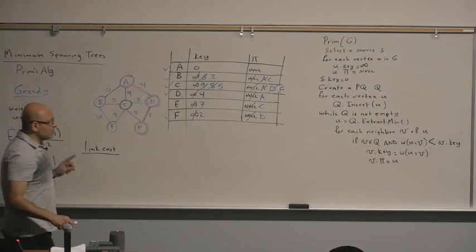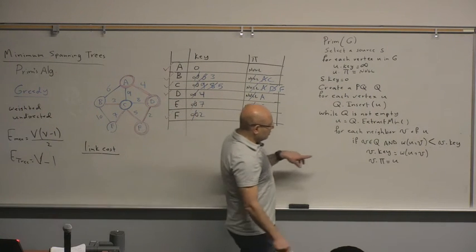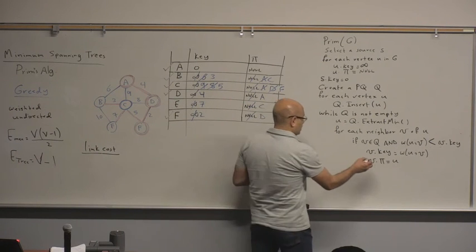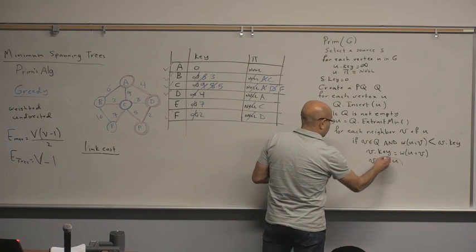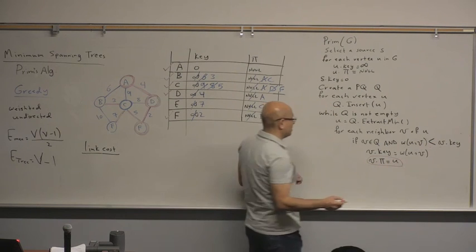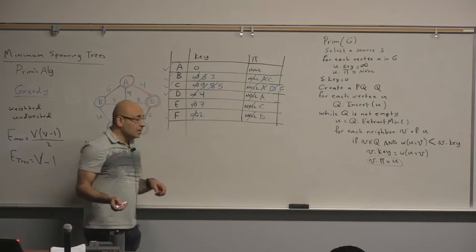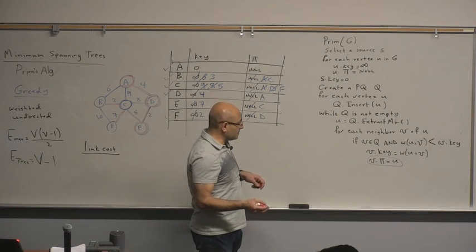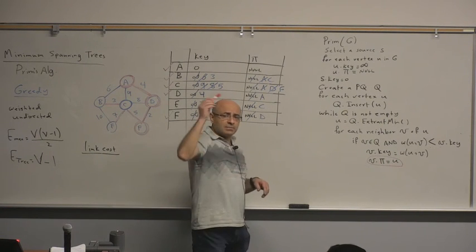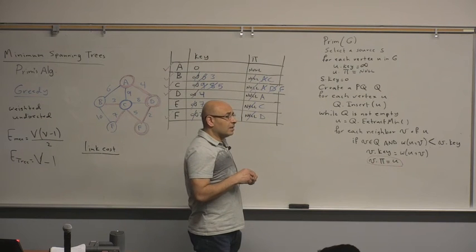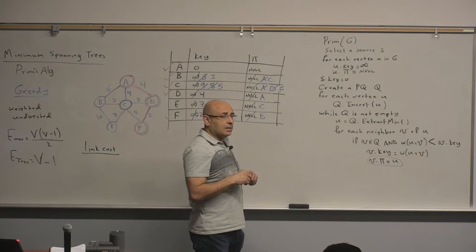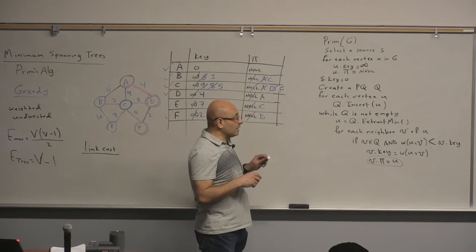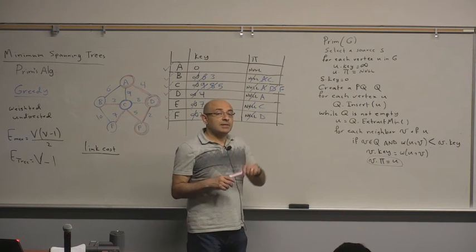By the way, a correction: when we did Dijkstra, there was an error. We did not do this update of the parent in the if statement. Well, I think I wrote it twice. So the second time was correct, but the first time it was not correct.